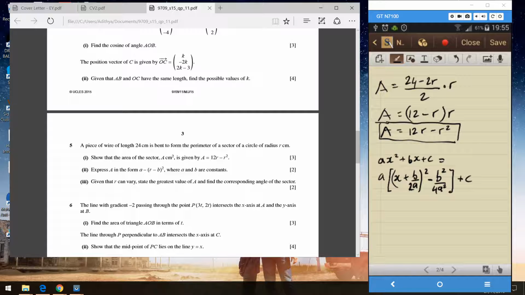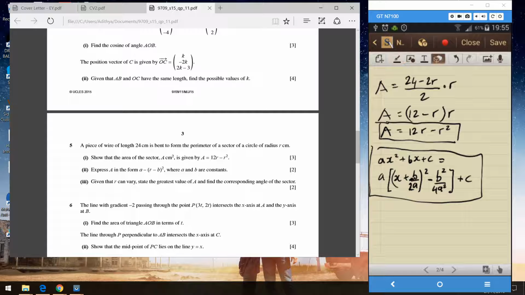So bx over 2a plus bx over 2a, that's bx over a, and you get plus b squared over 4a squared. Hence that's why you have this term right here to cancel out with that term. So this is the general formula that I like to use. I don't know if somebody has it, but I made it myself.